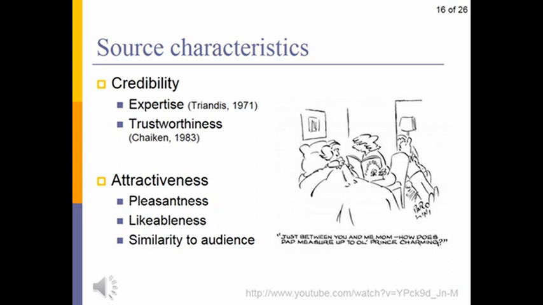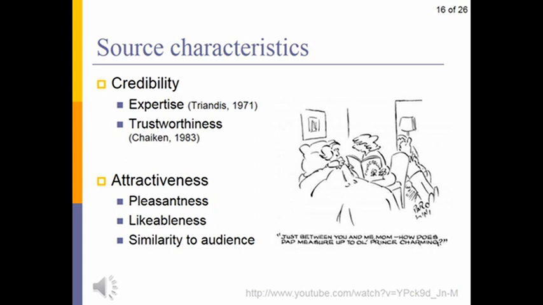Okay, so what is it that makes Parkinson a very effective, very persuasive source for this particular message? Well, to begin with, he is a well-respected, well-trusted figure. He's seen to be a very experienced, worldly individual, someone who's seen a lot and done a lot, and so someone that is held in high esteem, someone that we think of as an authority figure.